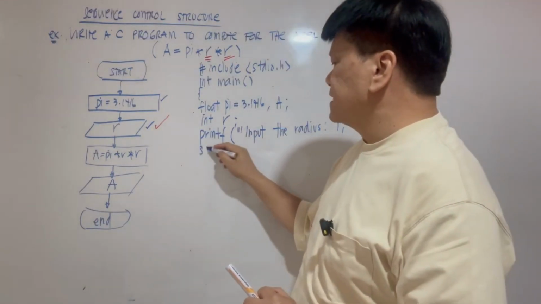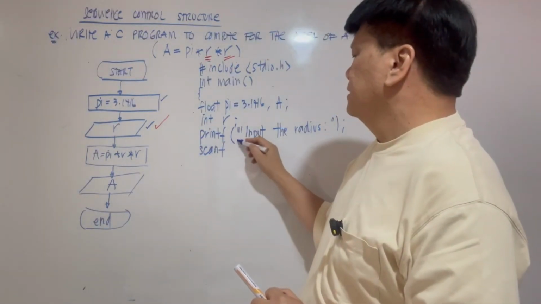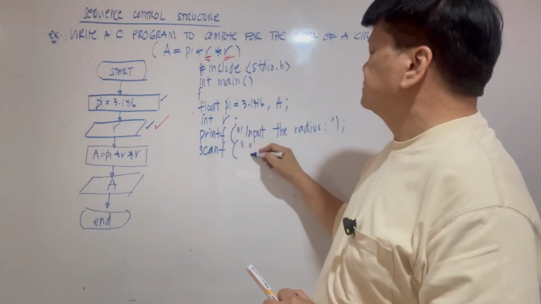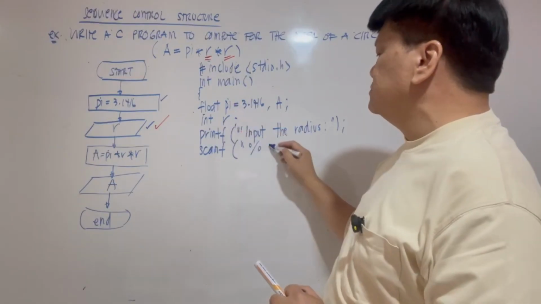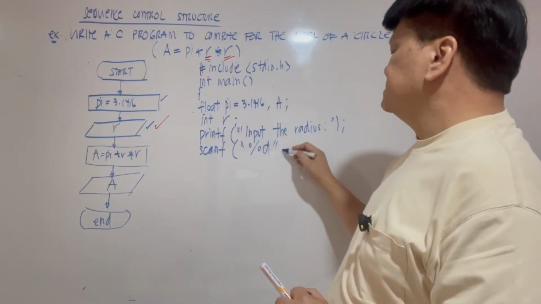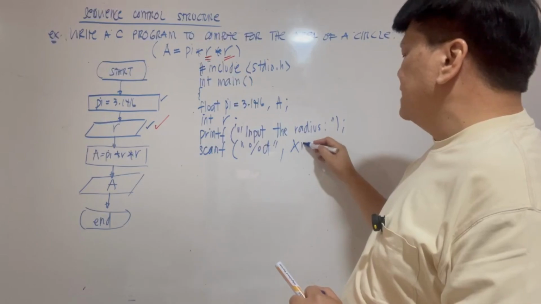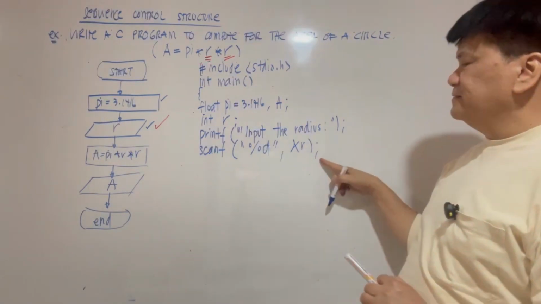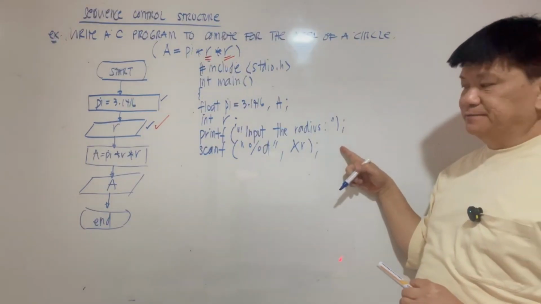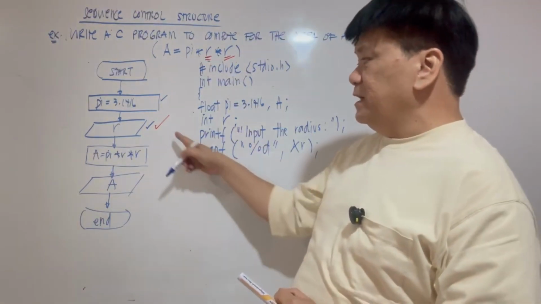Then another scanf here. Syntax for the radius specifier. Since radius is integer, we put here %d. And then &r, semicolon. So you end the statement with a semicolon. Then done with the input.